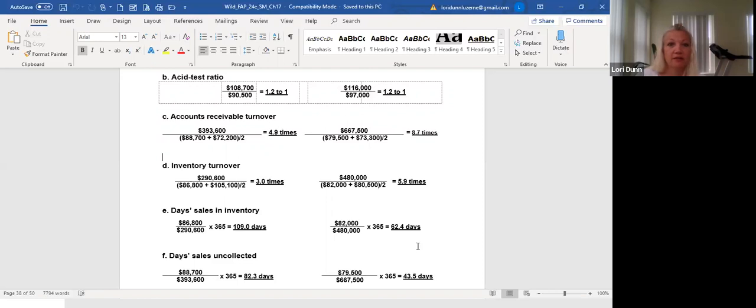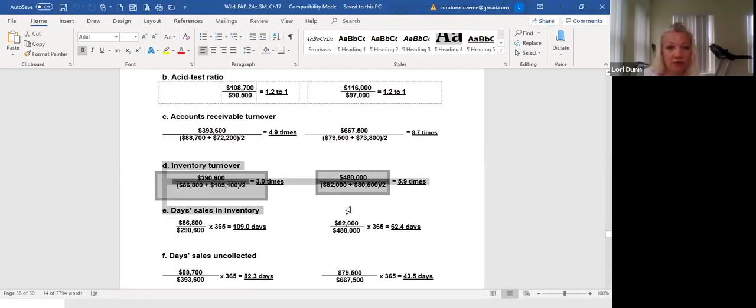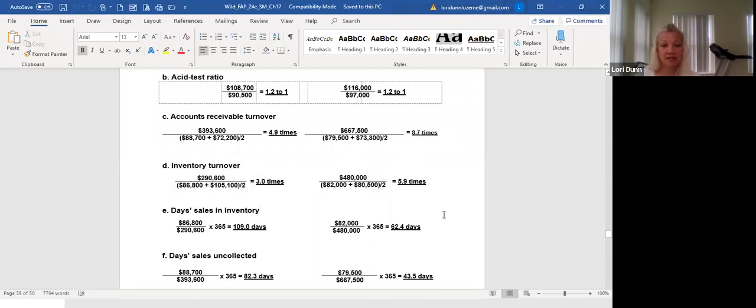Okay, let's go to then our final two in step one, which is inventory turnover and days sales in inventory. Now we're measuring how well we sell inventory. So in C and F, how well we collect our money from sales on account.